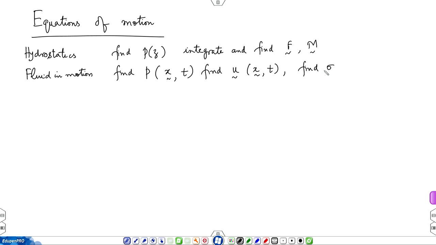Now, sigma has a direction, it could be normal or tangential, and then it is associated with a phase. So, there are two quantities you have to specify, two directions you have to specify.